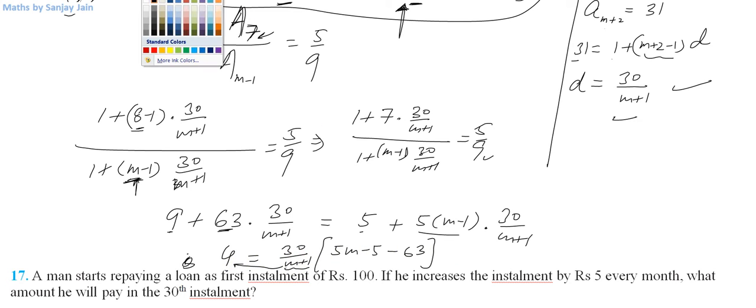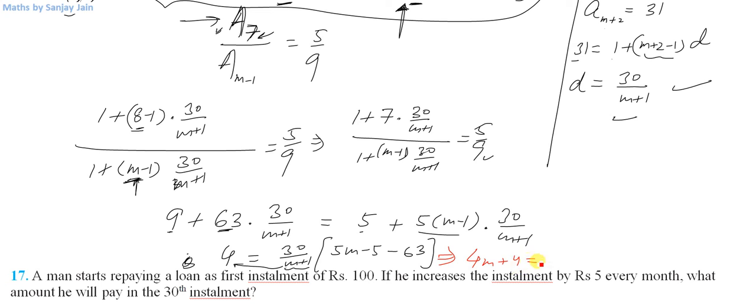So what I have is 4m plus 4 equals, this is 5m minus 68, right? So 30 I am multiplying inside. So 5m into 30 will be 150m, and this is minus 68 into 30. So let me write it as 30 into 68.